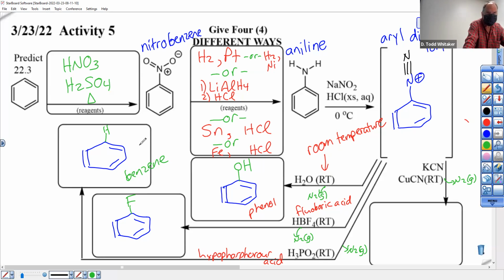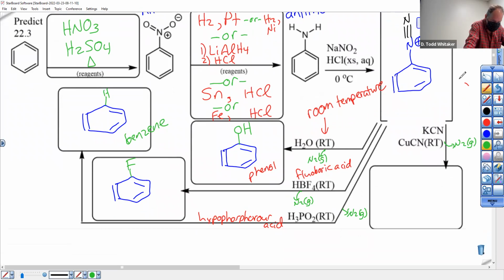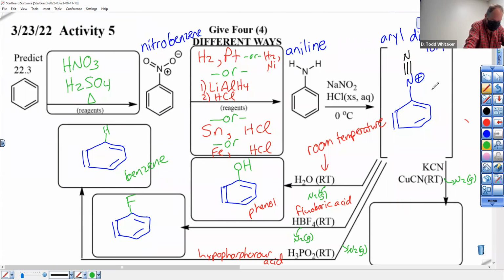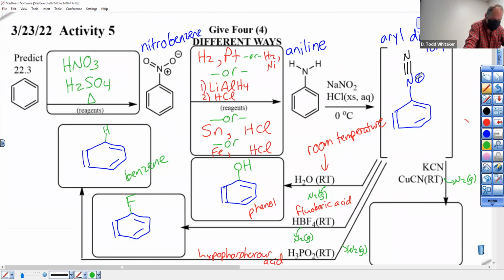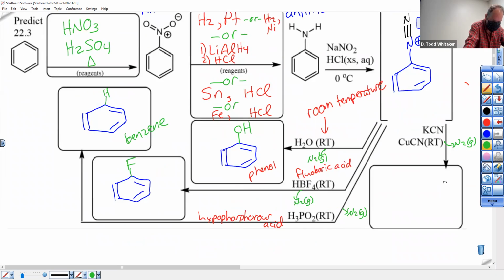If you put other groups on benzene as well, and then you get rid of the nitrogen group, you get an interesting combination of products. That's all 3 meta groups. Watch the videos. Everything I said makes no sense, I know. What happens if you treat a diazonium ion with potassium cyanide in the presence of copper(I) cyanide, room temperature?